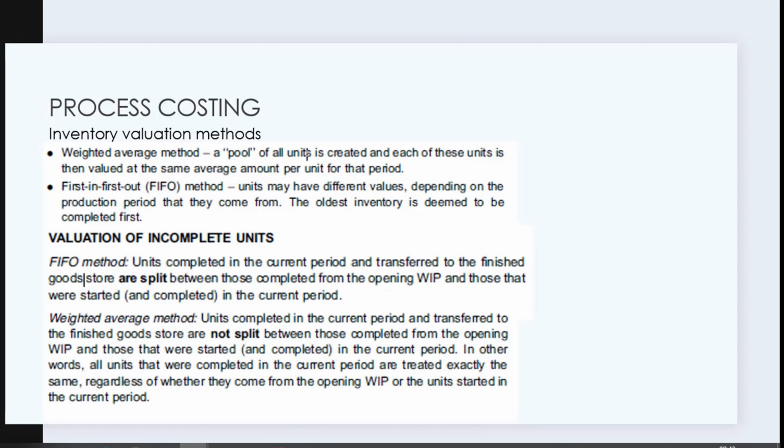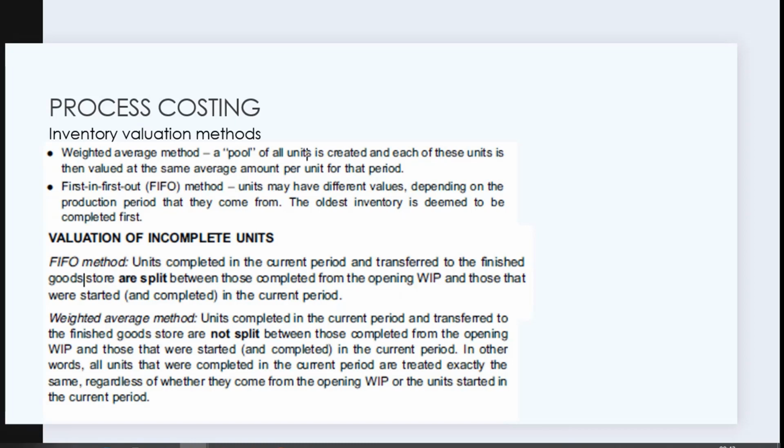Inventory valuation methods now. So we've looked at material, we've looked at labor, we've looked at conversion methods in terms of it being done evenly throughout. So now you can look at the specific percentage of completion, right?